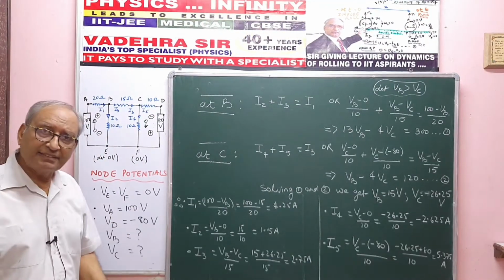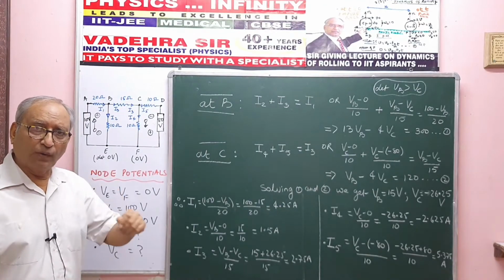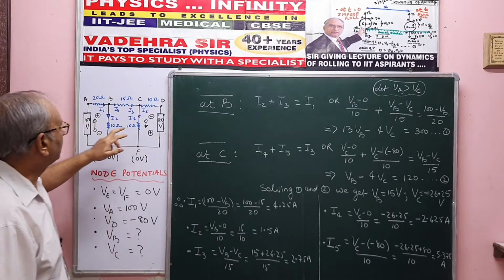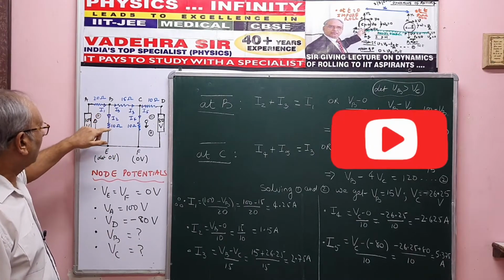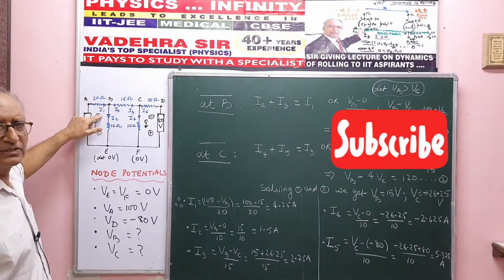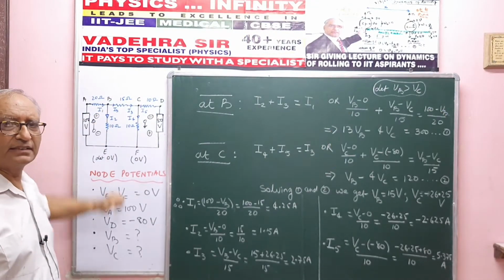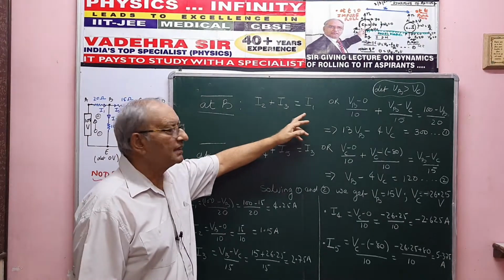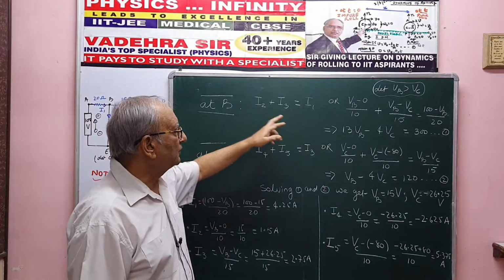Let's apply the KCL, or Kirchhoff rule 1, at the node B. I have I2 plus I3 equal to I1. Standard procedure: the current entering the junction is equal to the currents leaving the junction. Now what is I2?